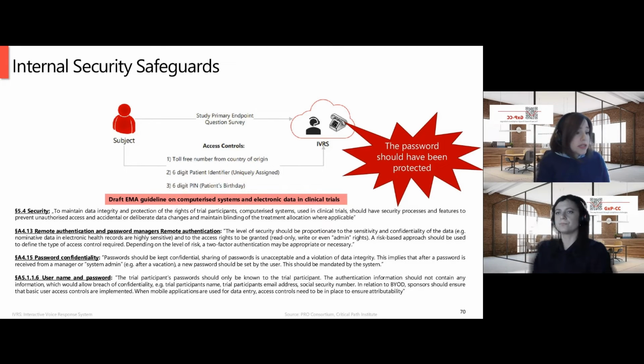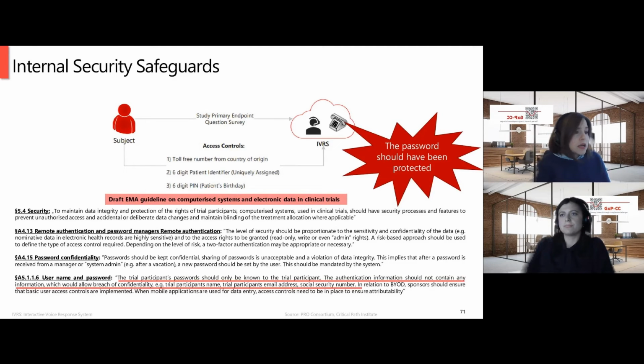And last but not least, the passwords of trial participants should be known only to the trial participants. So, of course, when somebody gets access to a system, there is an automatic initial password, but this should always be replaced at the first login. And participants should not record in these systems, and should be trained not to do that, their name, address, security number, or any other piece of information that could identify them.